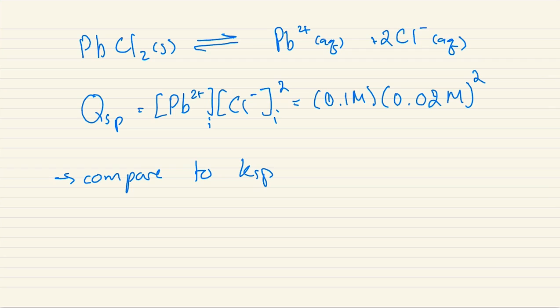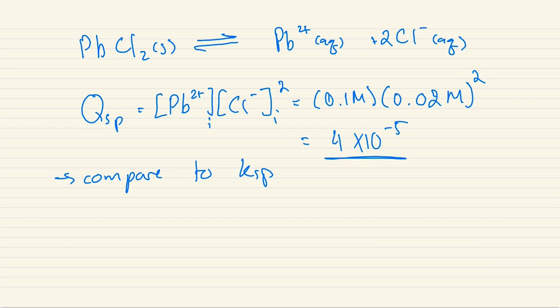We just have to make sure we're keeping track of the squares from the coefficients here, and we can get QSP. So we get 0.02 squared times 0.1. We get that this is equal to 4 times 10 to the minus 5.